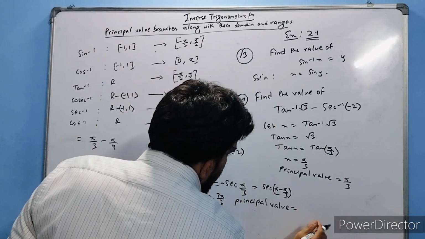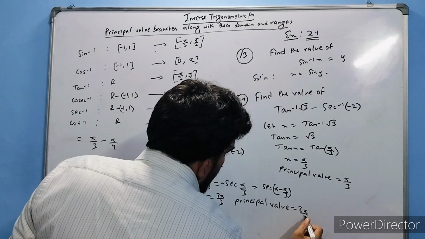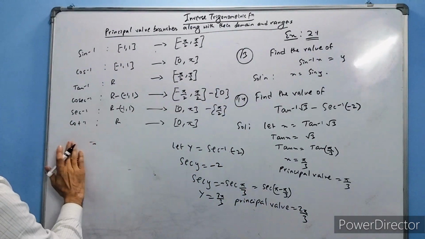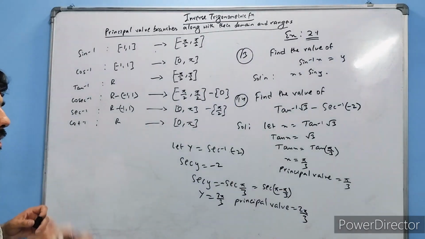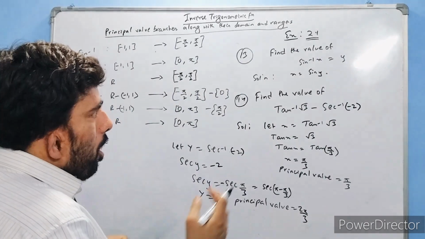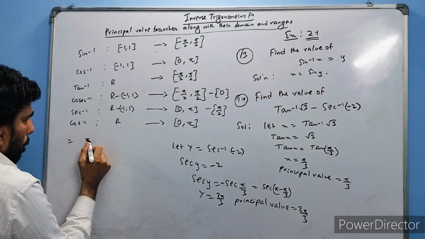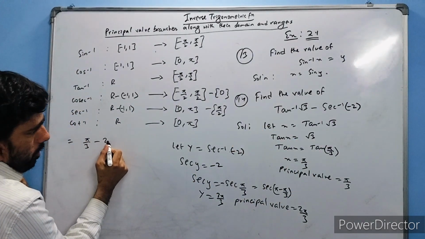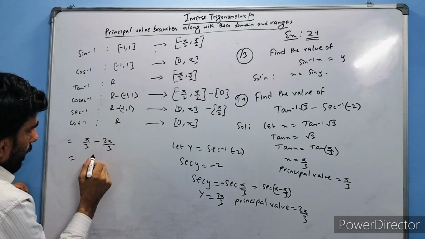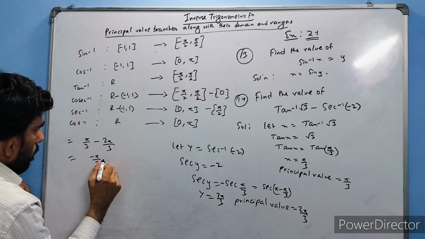Now see how, if the function changes, all the rules change and we get a different answer. Now we have pi upon 3 minus 2 pi upon 3. If I try to solve this, I get minus pi upon 3.